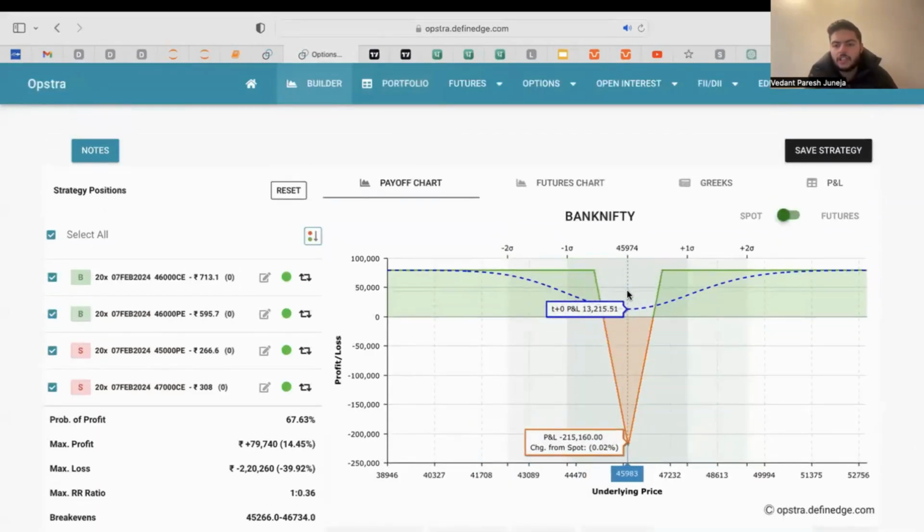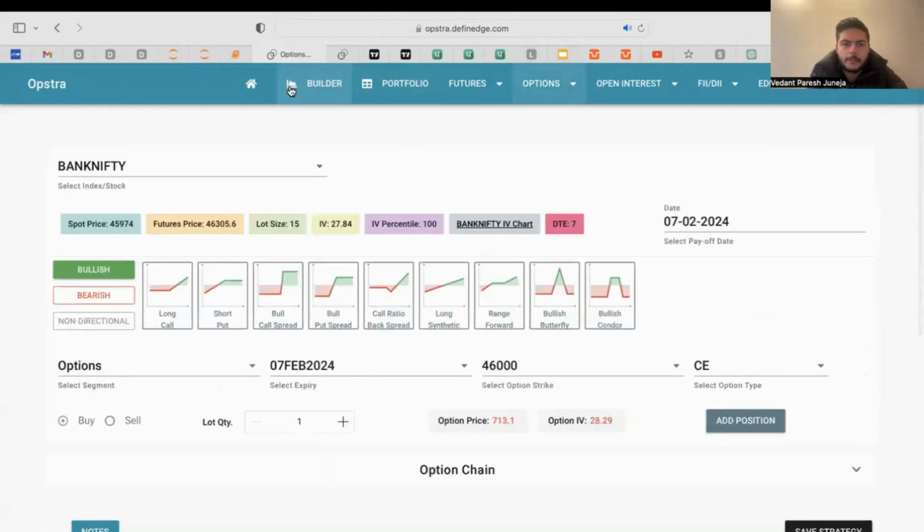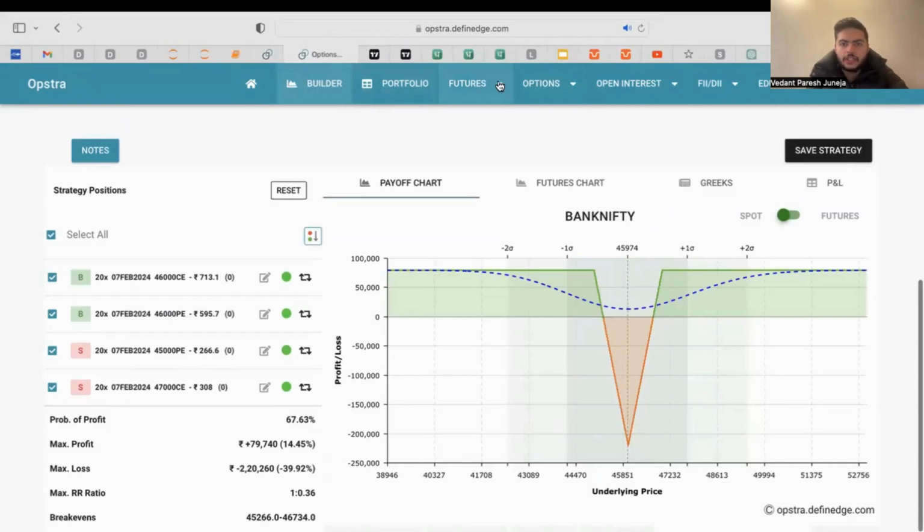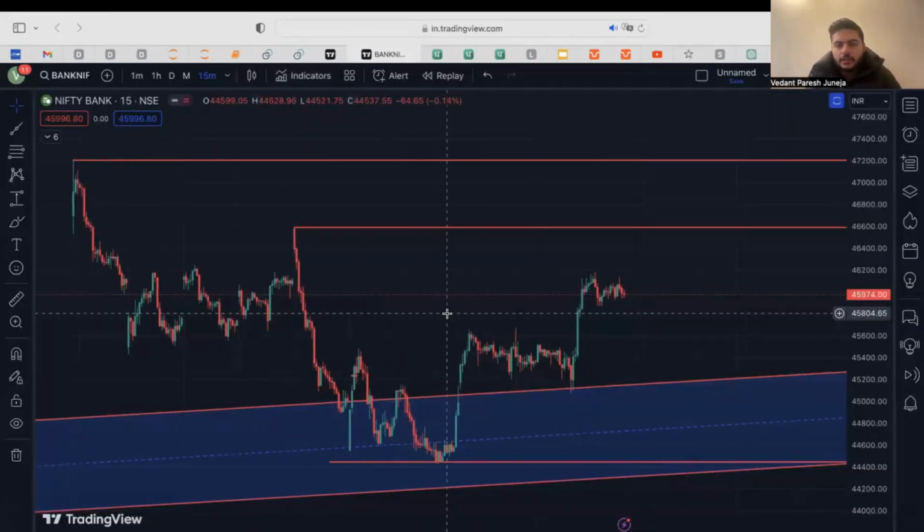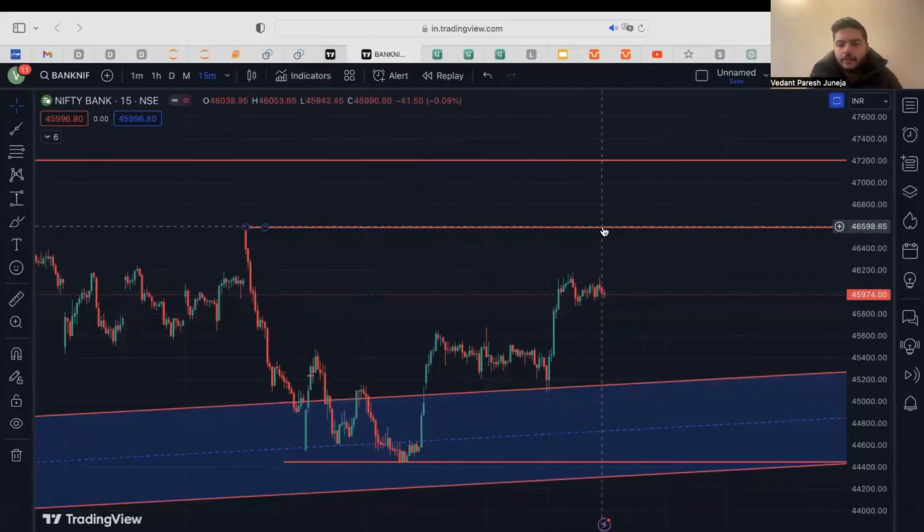So this strategy I'm telling you guys to execute in the morning around 9:20 and continue to hold it until you get a movement on your side. So if the move comes till here, quickly book all the legs and get out of the trade.